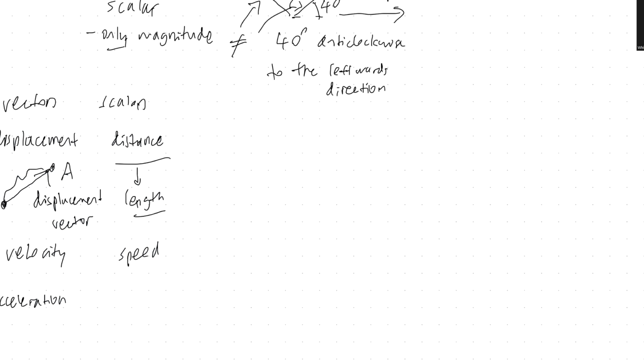They tell us which direction it is moving in, how fast it's moving in that direction, and for displacement, it tells us the relative position of the object, both in terms of the distance and in terms of where it's positioned relative to the initial position. And so that's our definitions of vectors and scalars.